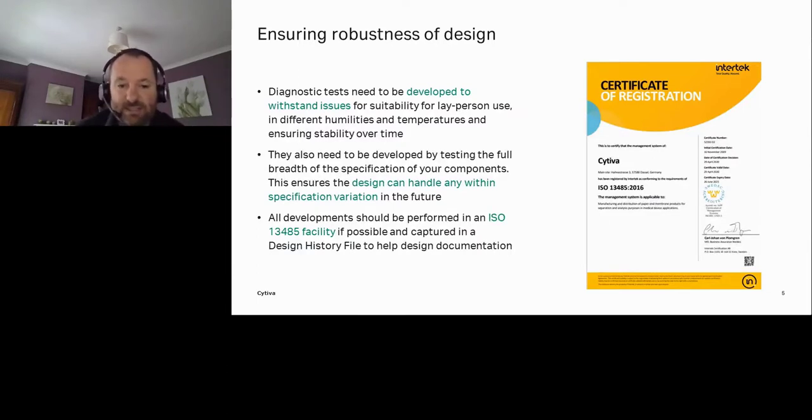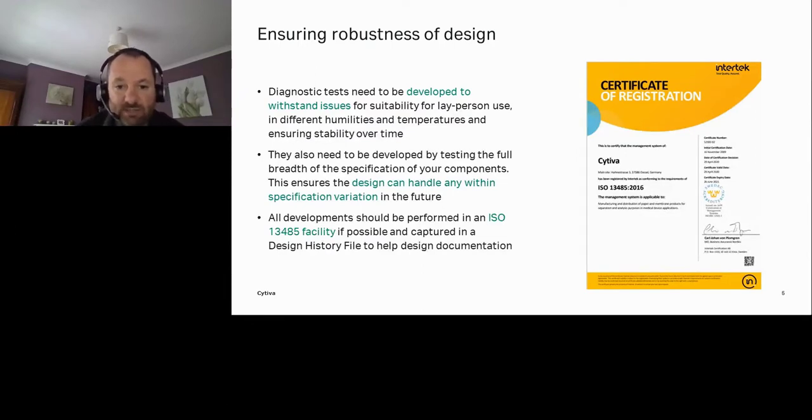The third part is, the world we're all working in with regards to lateral flow test is typically a medical device framework. We're all working to ISO 13485, and as much as possible, you need to ensure that everybody throughout your process is working to the same standard.